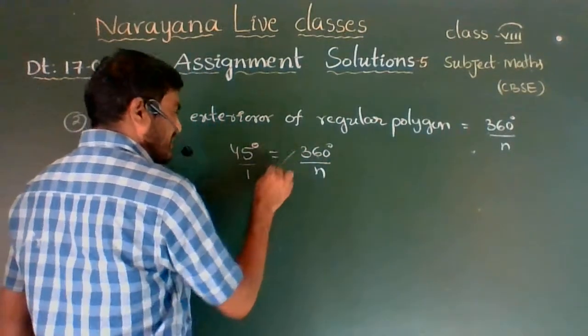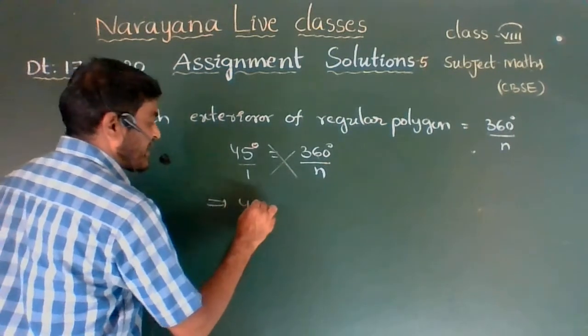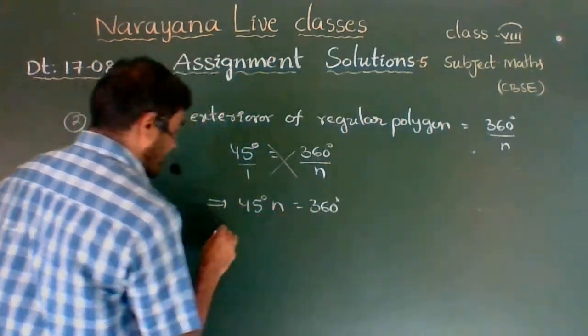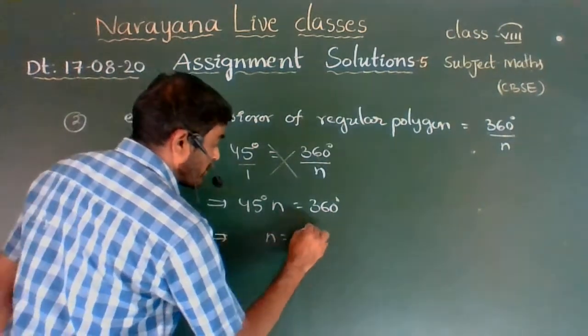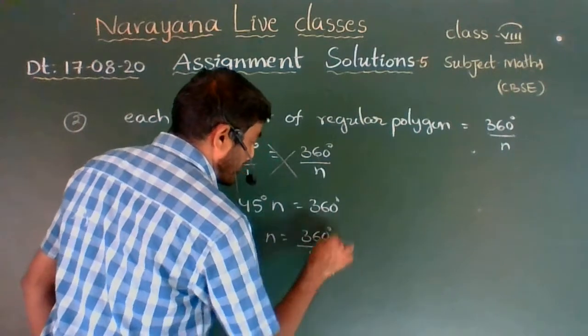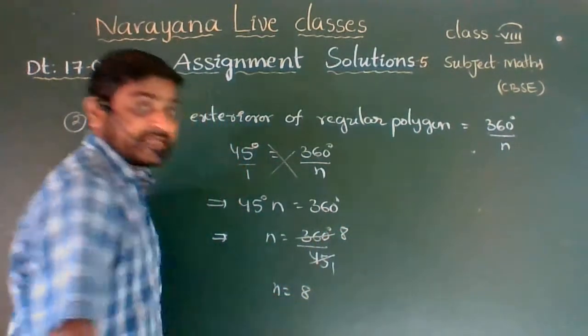We'll do the cross multiplication. That means n will be transferred to the left side. So 45 degrees times n is equal to 360. That implies n is equal to 360 degrees by 45. 45 ones are 45, 45 eights are 360. Then n is equal to 8.